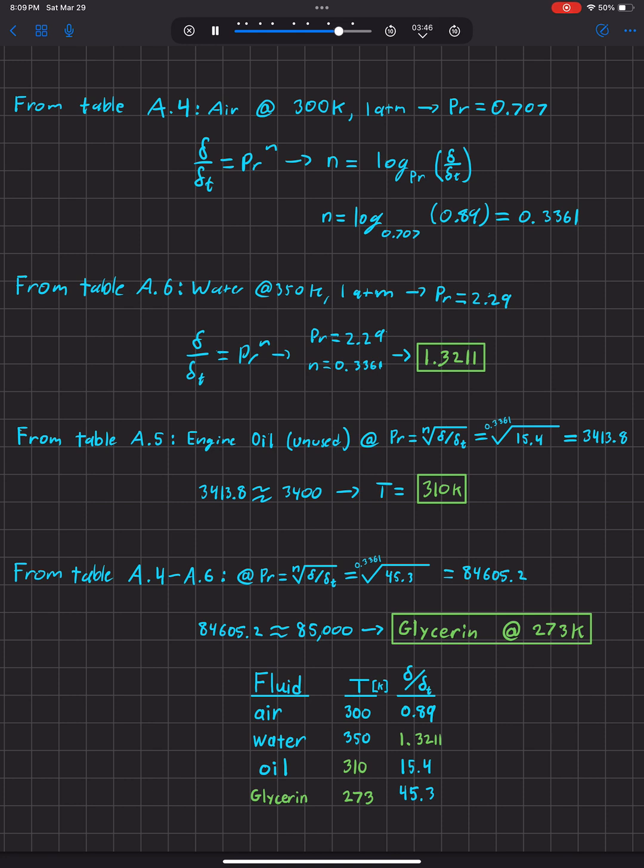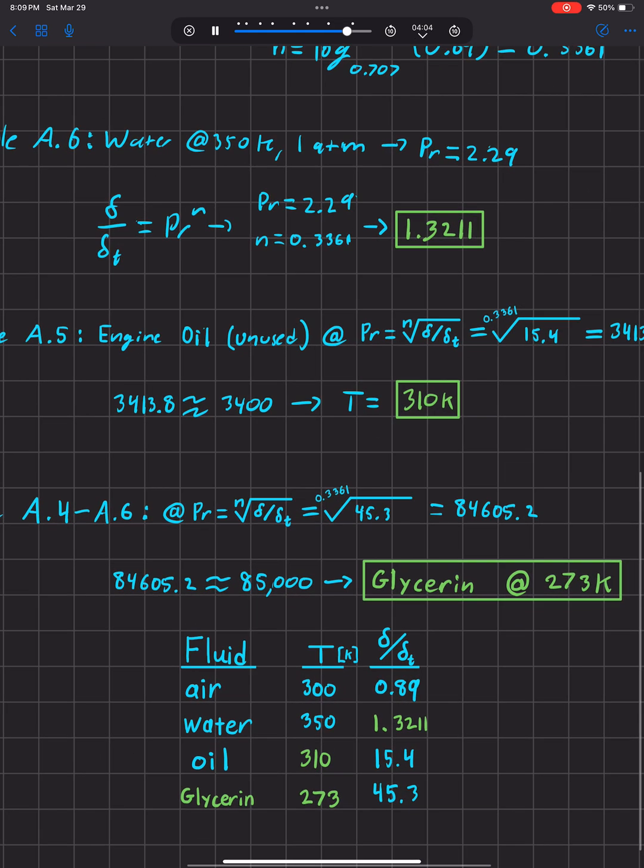So as you look through these tables, you'll notice that there is only one value that gets anywhere close to that high, and that is glycerin. And on the table, we can see that glycerin has an entry at 85,000 for its Prandtl number, which is close enough to 84,605.2. And so we know that this missing fluid is glycerin at 273 Kelvin.